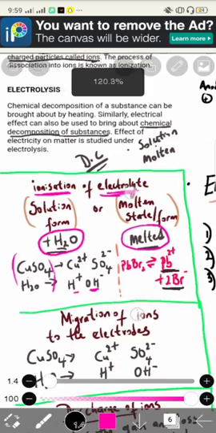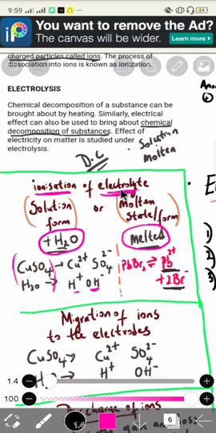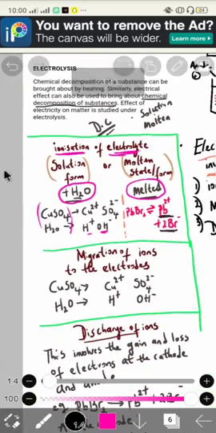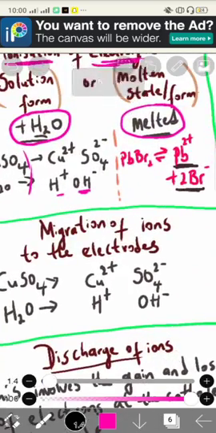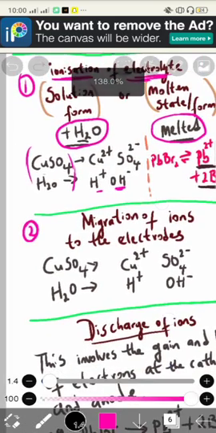So the first step, the electrolytes, which is that substance that can conduct electricity, will split into ions. Now the next step, which is number 2, is migration of ions. Migration of ions. So let's take an example here of this particular one.